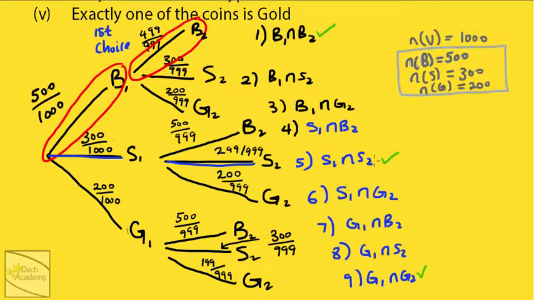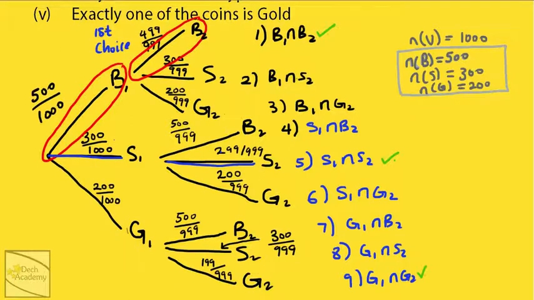So what we're looking for is the probability of event 1, 5, or 9. Another thing you need to be clear about is that these 9 events are mutually exclusive. After picking 2 coins, there's no way you can have this and this.